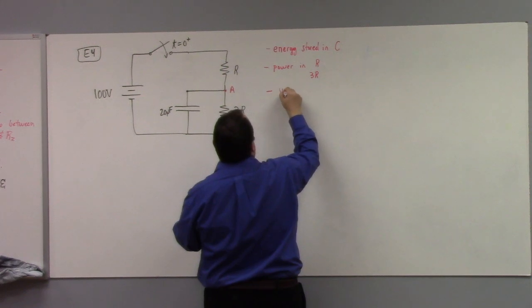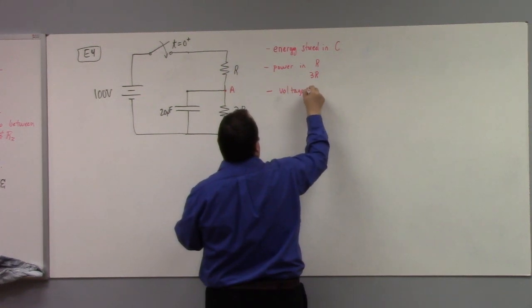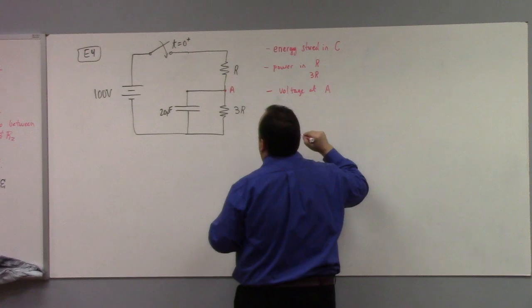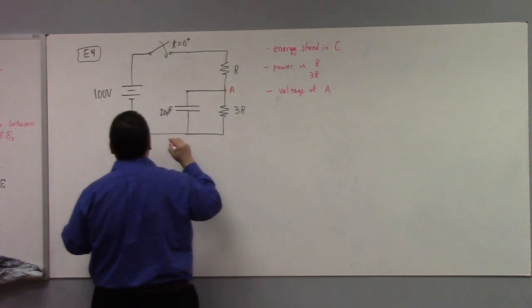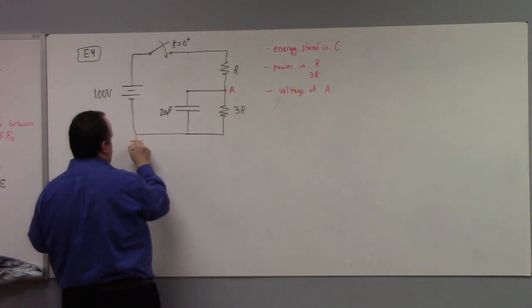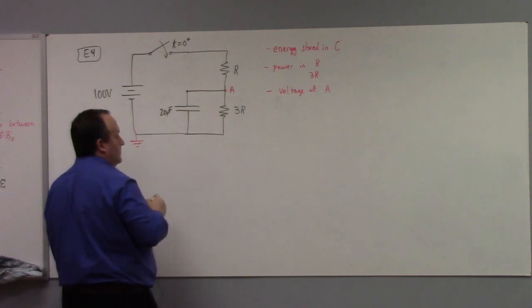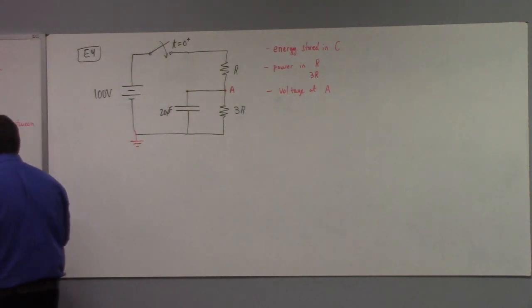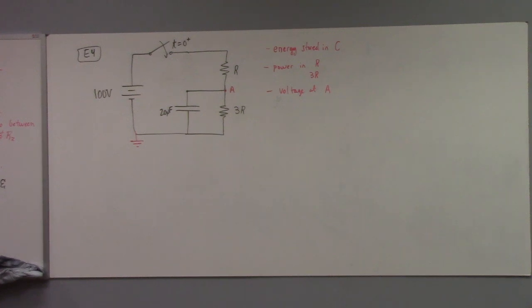Oh, the voltage at A. And I'll put the ground down here for the sake of making that make sense. All right, great. So I'm going to tell you guys basically the way to think of this is after you close the switch, right?